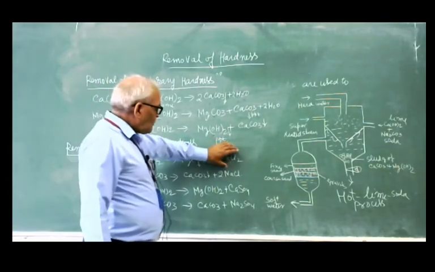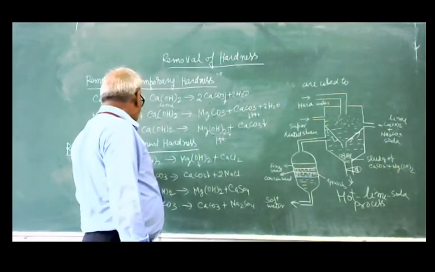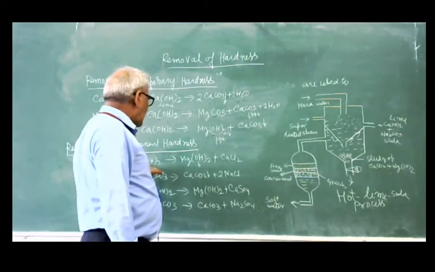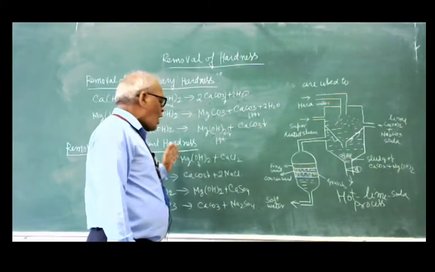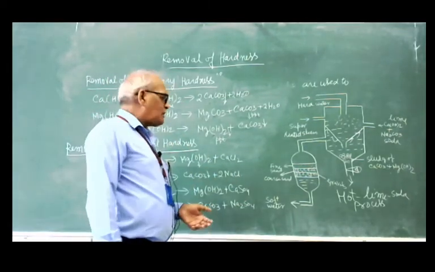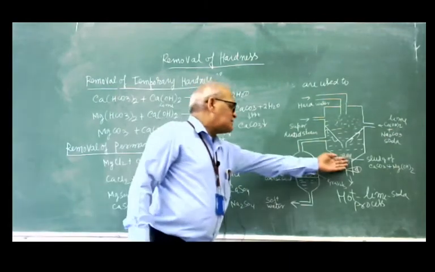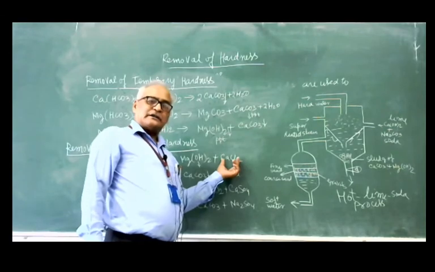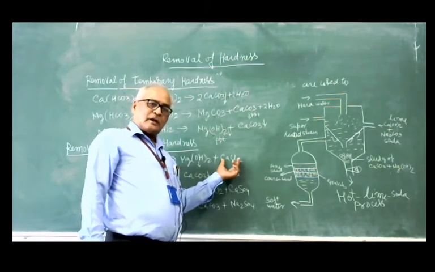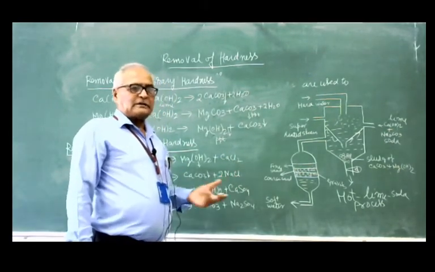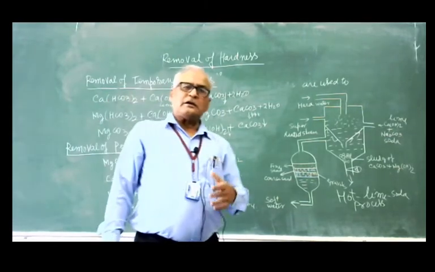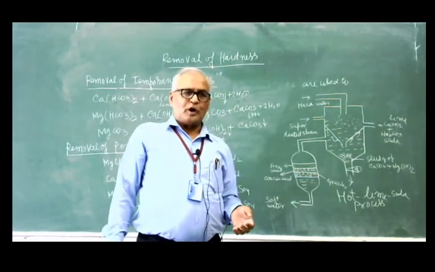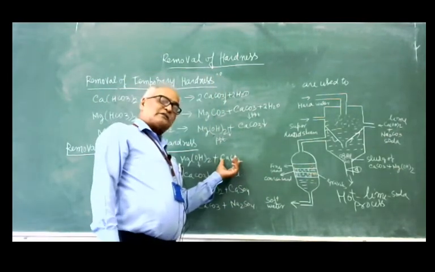Now this calcium chloride is formed. So the magnesium ion is removed in the form of sludge. But calcium chloride is formed, which is also a hardness creating salt, a salt creating permanent hardness.